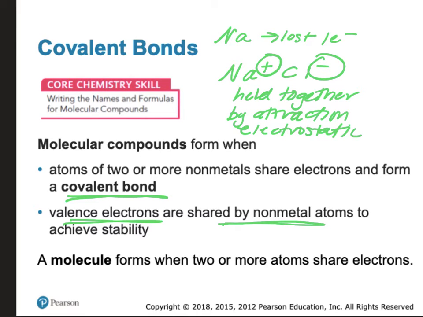Here, we're going to share electrons. And again, it's all going to be driven by the octet rule. So a molecule forms when you have two or more atoms coming together to share electrons, forming a stable compound.